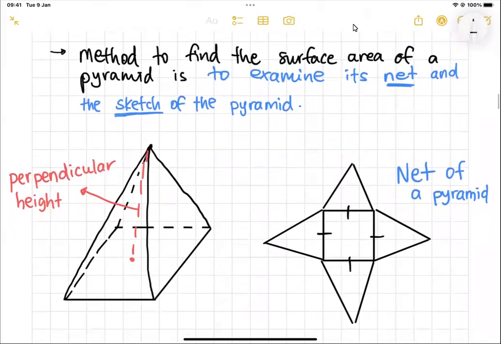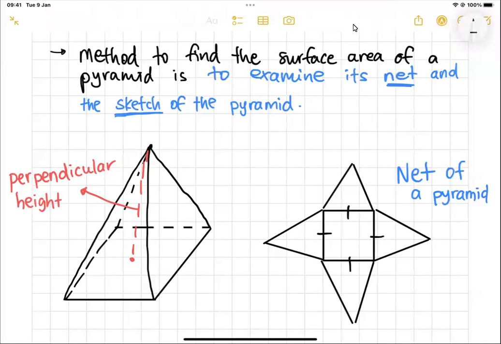One method to find the surface area of a pyramid is to examine its net as well as the sketch of the pyramid. And we'll look into that in a couple of examples. So on the left, I have sketched a pyramid, and I have drawn this dotted red line down to the base of the pyramid.